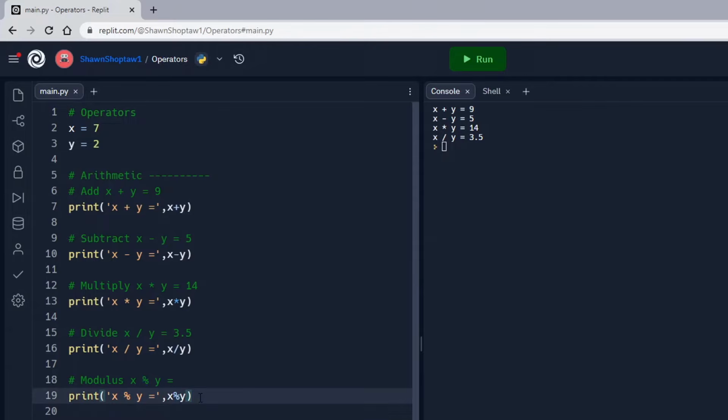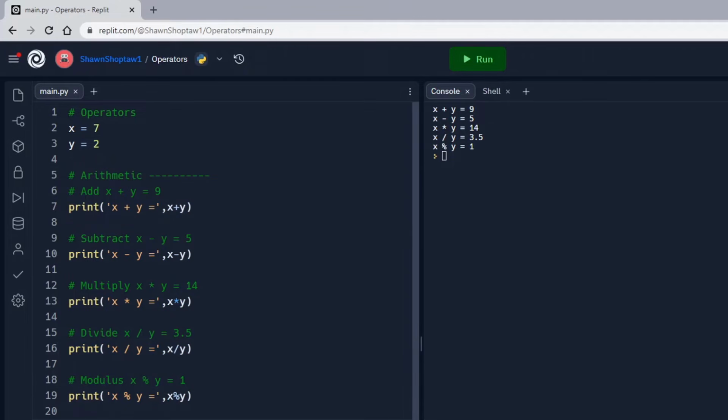And what this is going to do is give us what's left over after we do a division. So for instance, we're going to go 7 divided by 2, and we know that that'll be 3, but our leftover is going to be 1. So our output from our modulus is actually going to be 1.